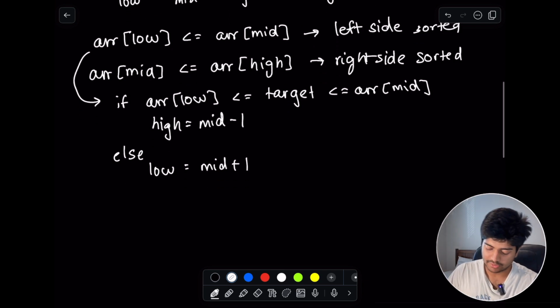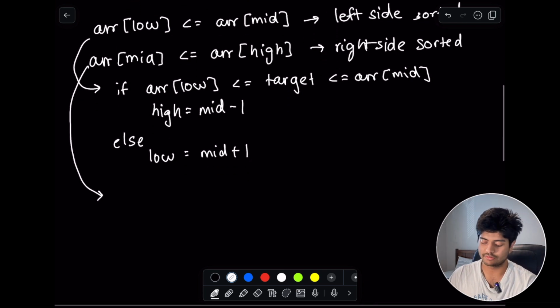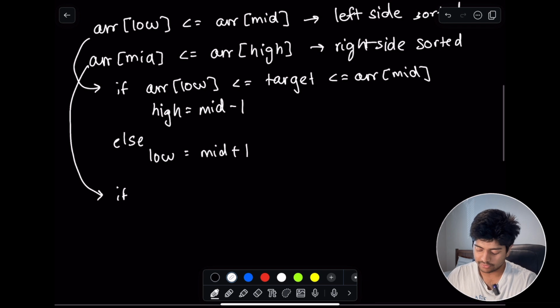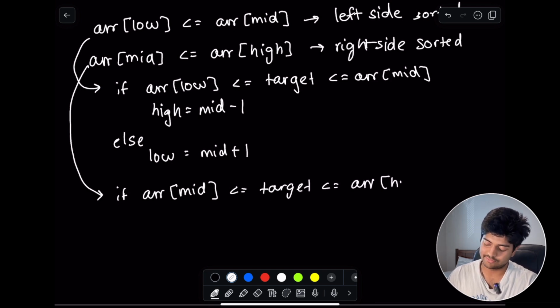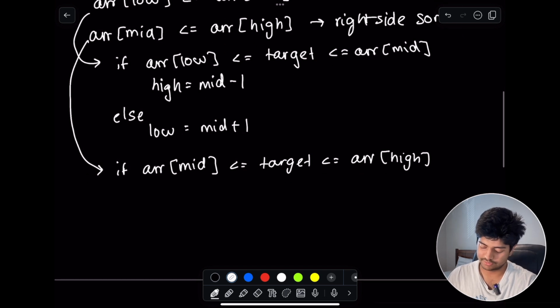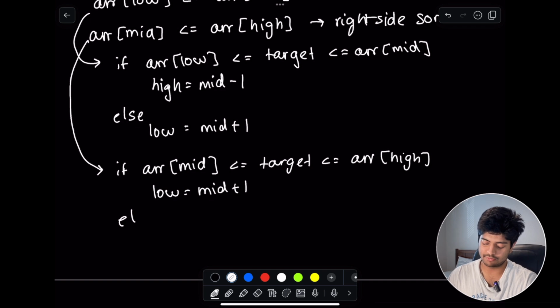And the exact same case applies here, right? If the array at mid is less than or equal to target, and target is less than or equal to array at high, then we just move our left, or our low, to mid plus 1. Else it's not in this range, and we just move our right, which is our high, to mid minus 1.